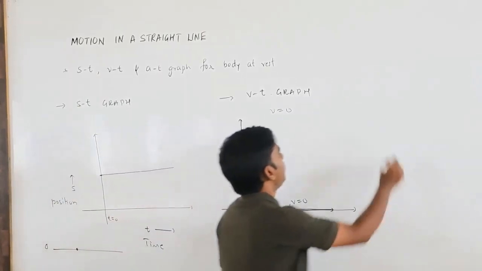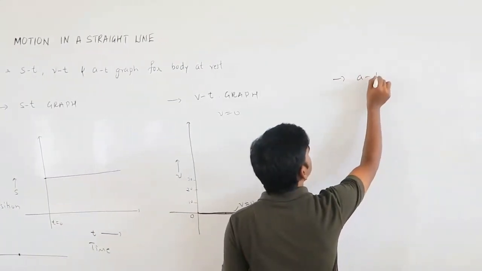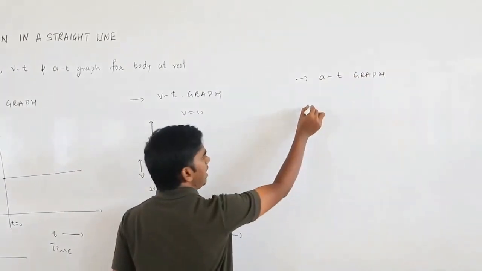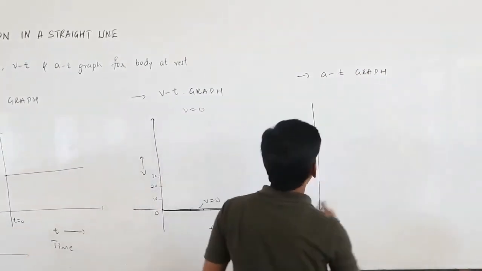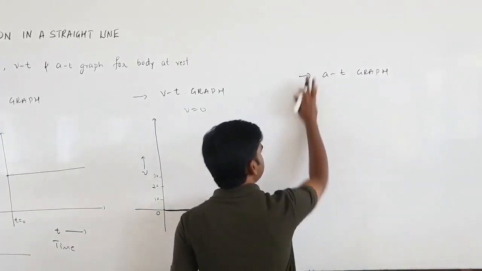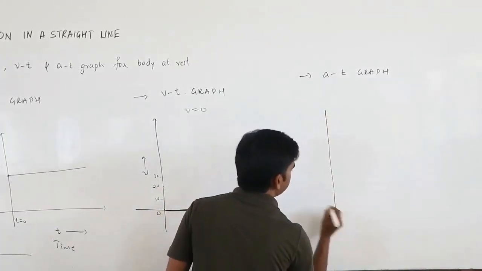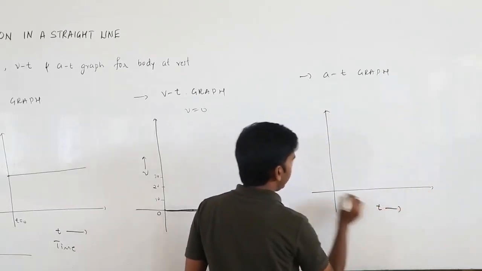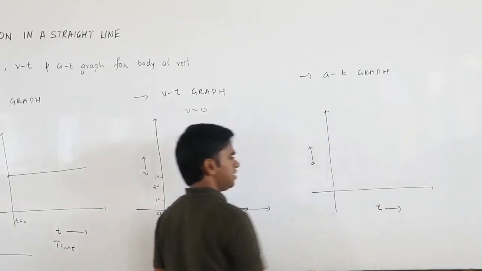Now, if I plot the acceleration time graph, what will happen? You have to take acceleration along the y-axis, and time along the x-axis. So this is the time, this is the acceleration.